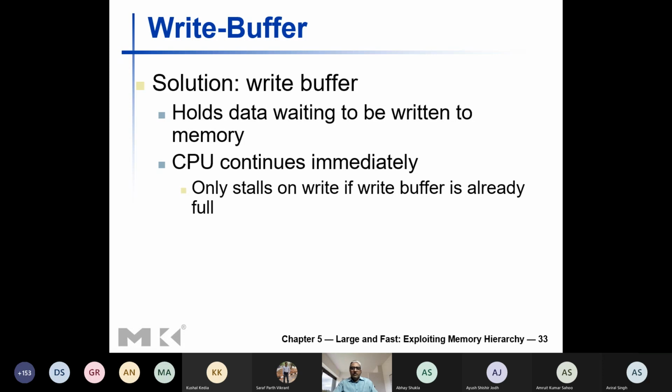We have to see what the frequency of writes is, what the depth of the write buffer is, and how fast the write buffer will be vacated by the main memory. Once you write into main memory, you can remove that entry from the write buffer.